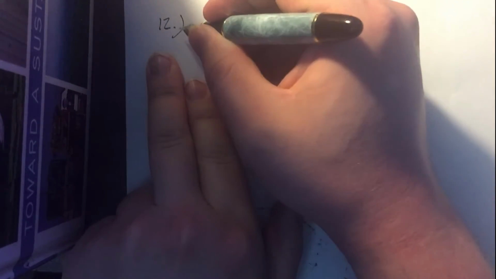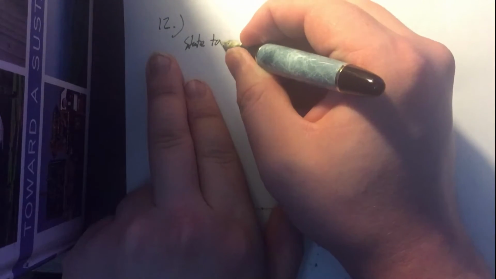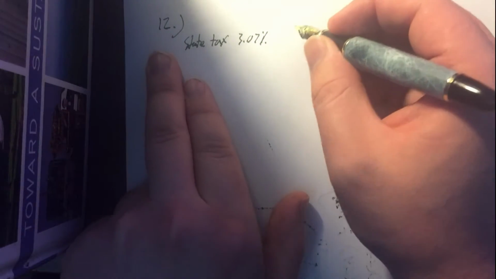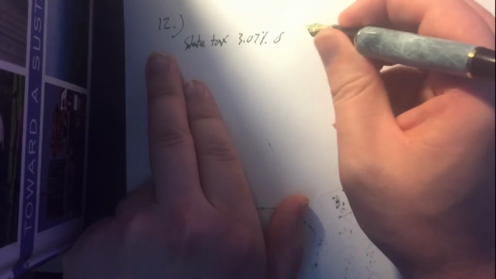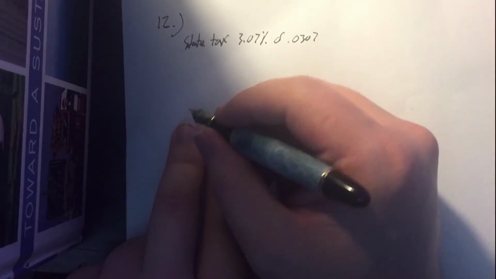Okay, I get a new sheet of paper here because this one's a little bit longer. Let me take a second to copy everything down here that we had over here. We're on number 12. We said the state tax was 3.0%. If you want to skip 20-30 seconds ahead, go ahead, because I'm just going to have to write all this down.